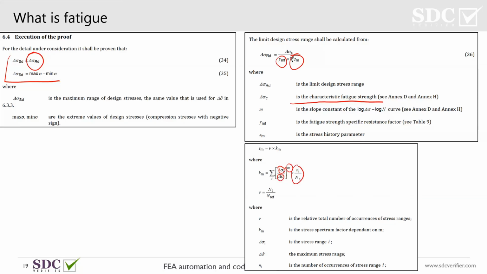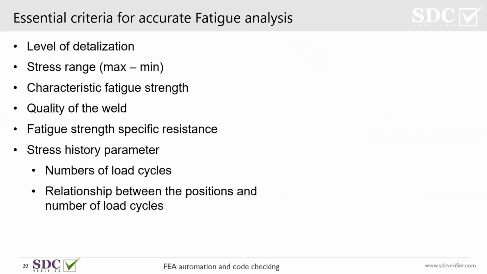So already from these formulas, we can end up with a short list of important things in fatigue according to the EN 13001 standard. First of all, this is the level of detailization. Although it's not mentioned directly in the standard, it is obvious that you need to be able to find fatigue-prone areas in the crane.